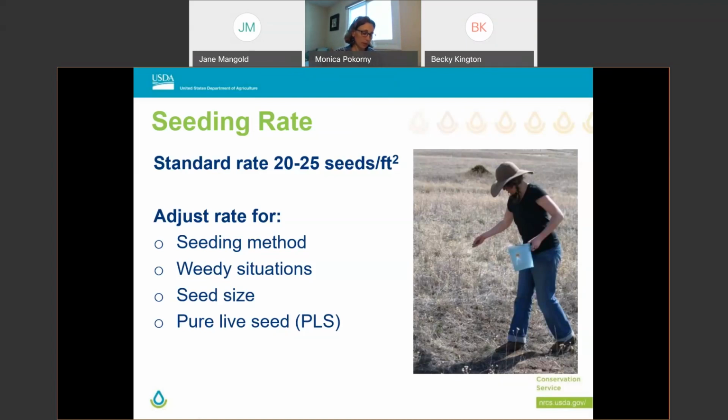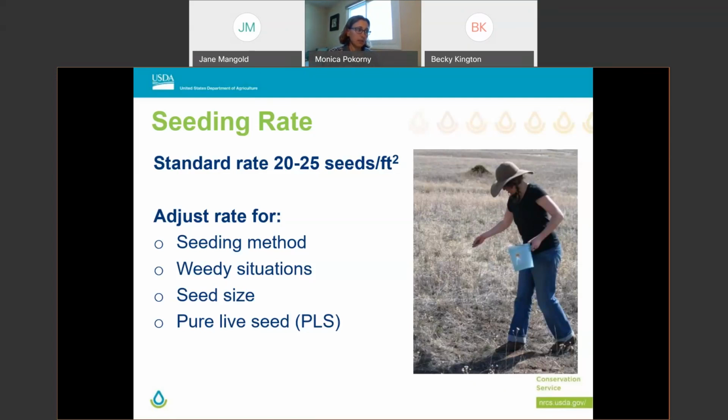So PLS, pure live seed, is the percent pure seed times the percent that's going to germinate. So what that means is when you buy seed from a vendor, there's usually a little bit of inert material. There might be some parts of your plant or just dead material in there, stuff that's not alive.